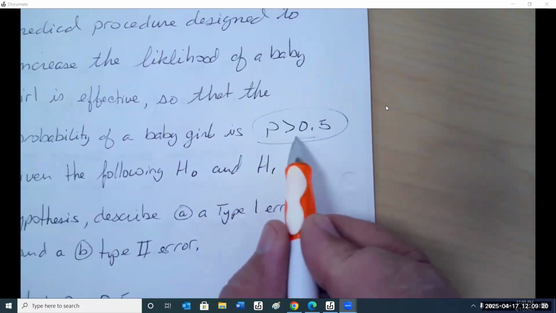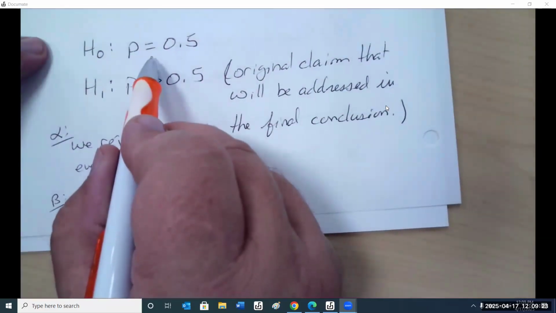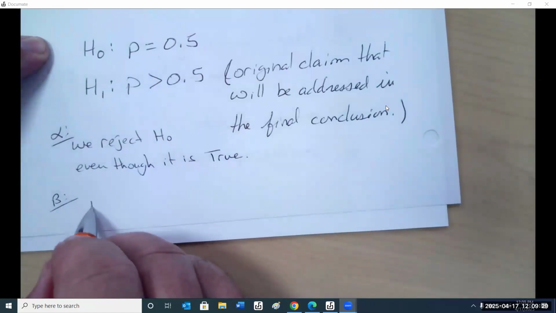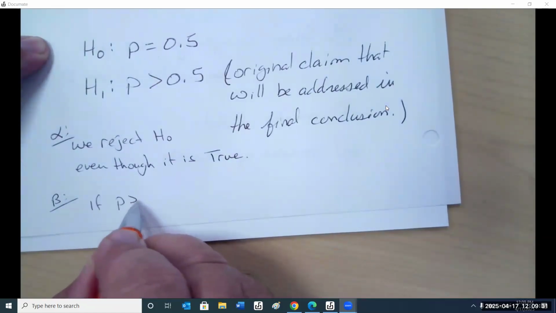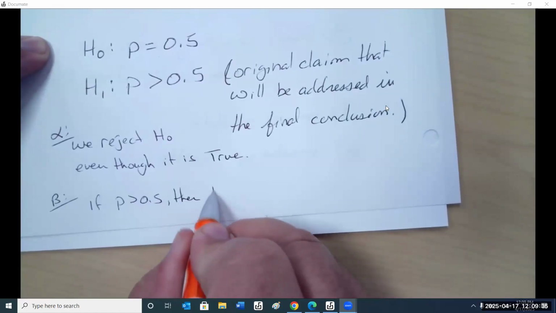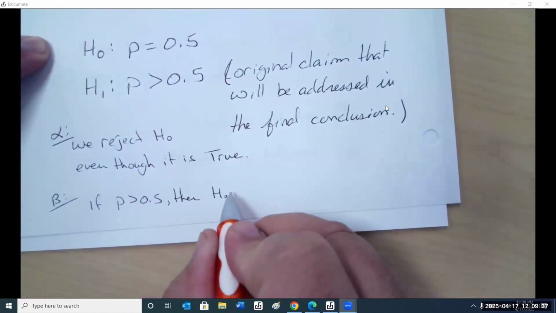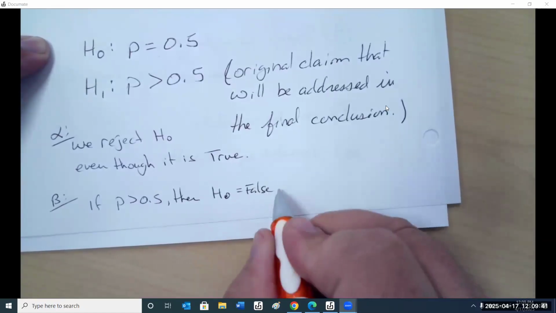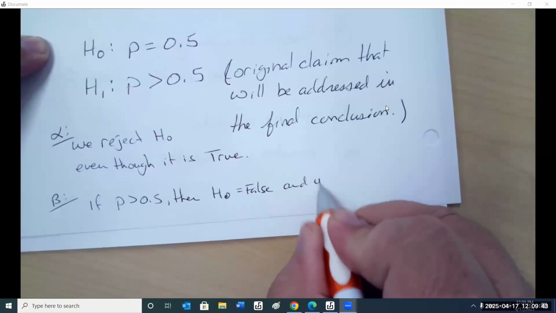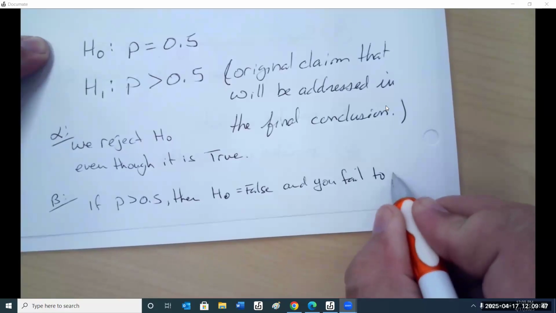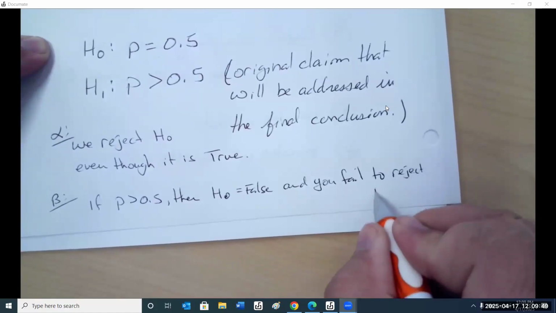So if that's true, then the null hypothesis is false. If P is greater than 0.05, then the null hypothesis is false, and you fail to reject the H0.